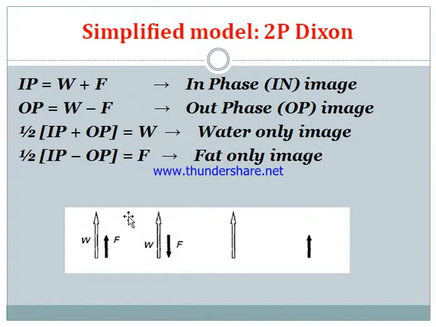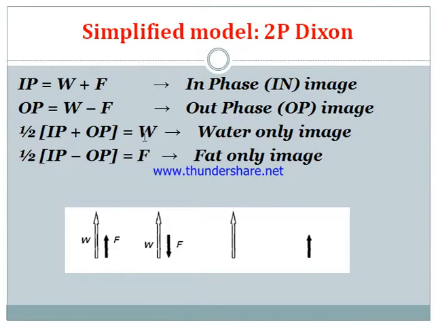Firstly, I would like to explain about the general idea of the Dixon technique. Actually, we get two images, one in phase image with a 0 phase difference and another one with 180 phase difference.